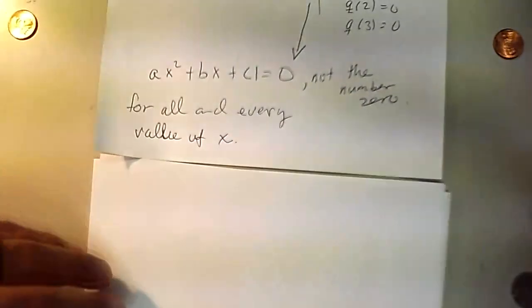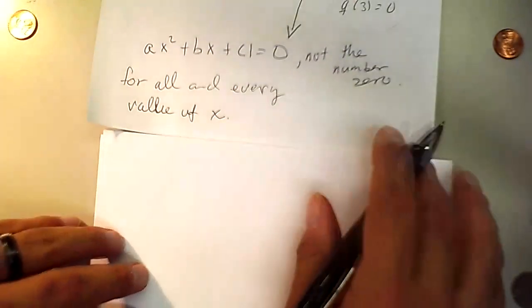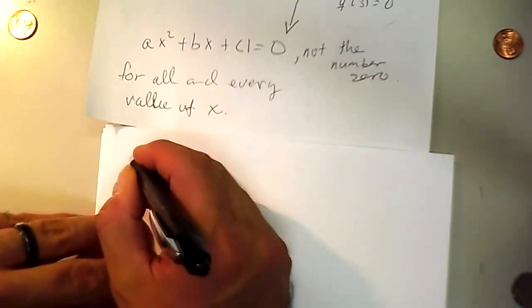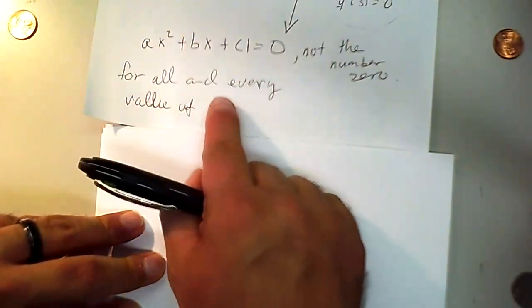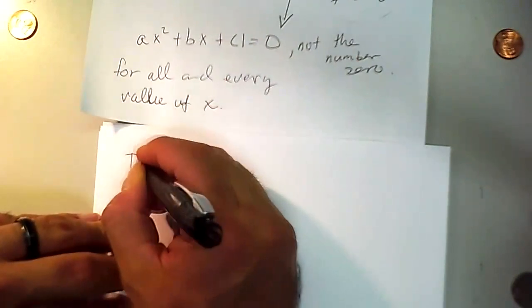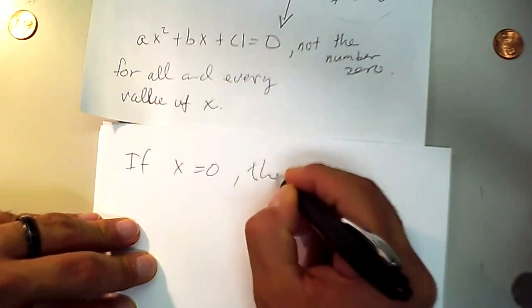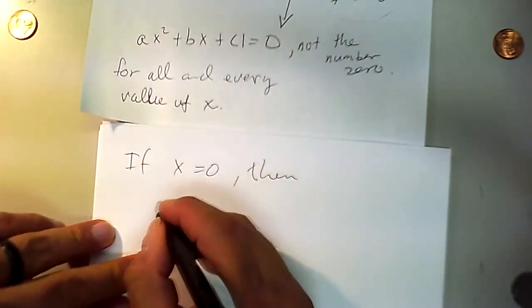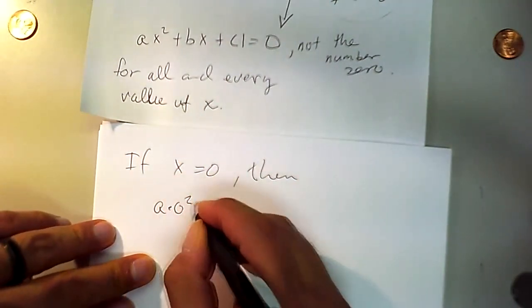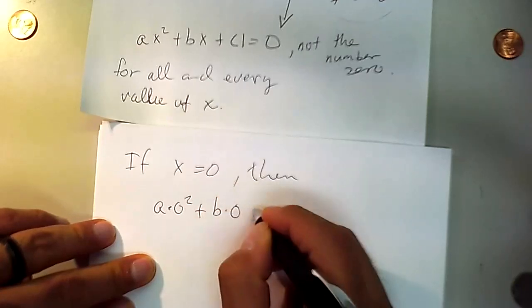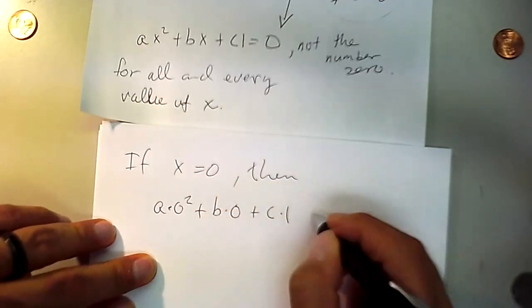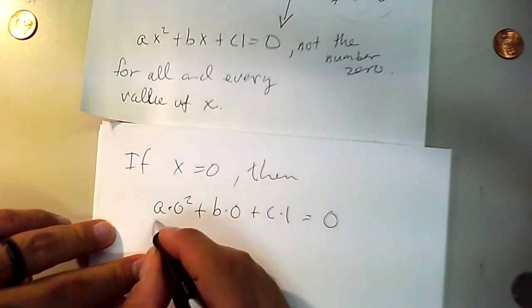So let's just quickly prove this. This doesn't take long. So we can set x to be 0 because this is true for all and every value of x. If x equals 0 in particular, then we got a times 0 squared plus b times 0 plus c times 1, which is just c, equals 0. But of course, that is 0.